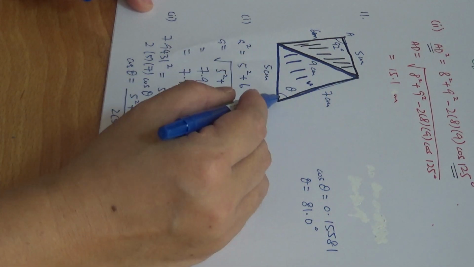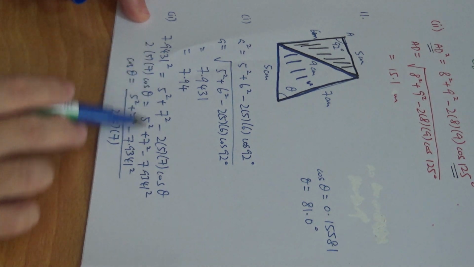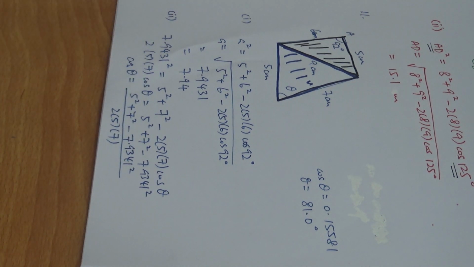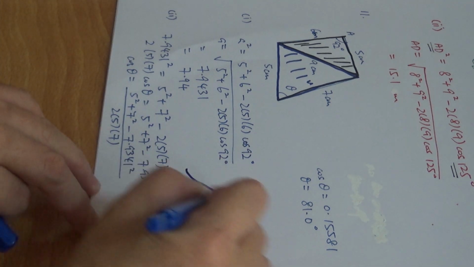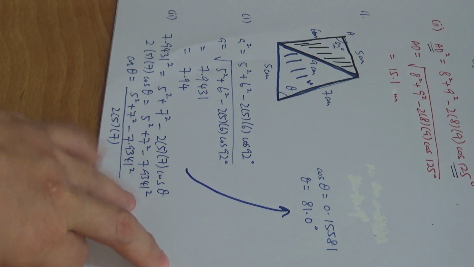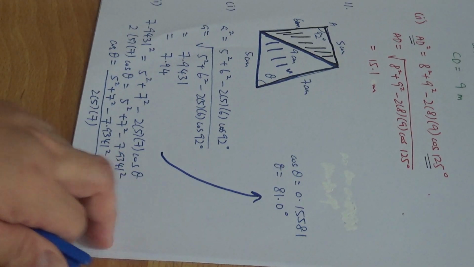Because we found A is opposite theta, I will substitute in, and I do the necessary manipulation. I will get cosine theta, and after that, can you just look up here? This will be the final answer for theta.